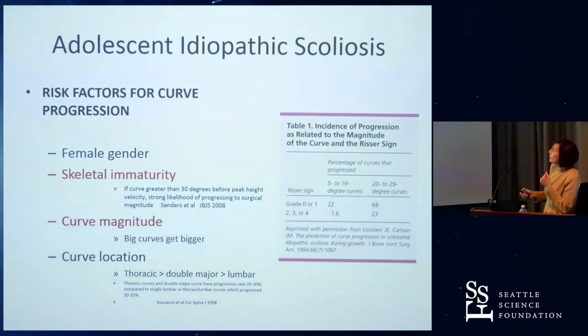And if you have a larger curve and are a bit more mature, you have a higher likelihood of it progressing, but not nearly as high as when you are younger. There is thought that thoracic curves in general are more likely to progress than S-shaped curves. Thoracic and lumbar curves, which may be more troublesome down the line, are a little bit less likely to progress on their own.